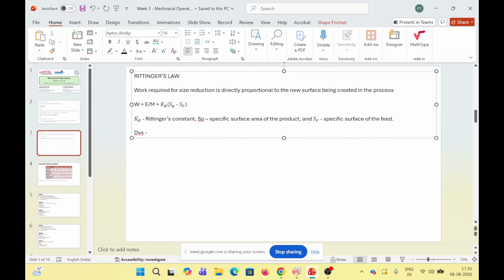I hope you remember what this diameter represents. d_vs was discussed in the first live interaction session, or the first week of course content.